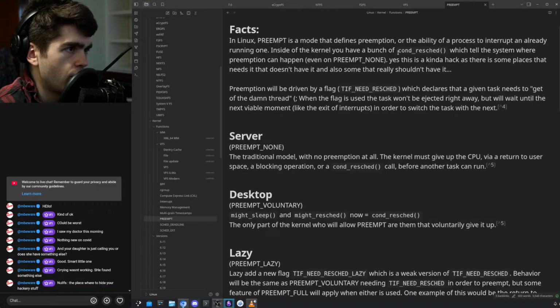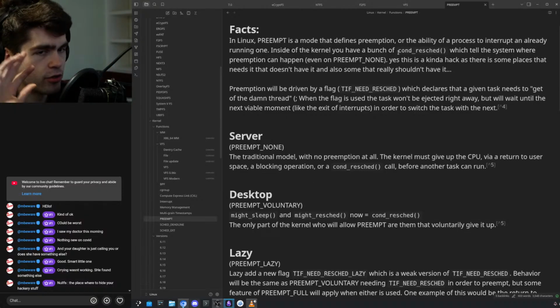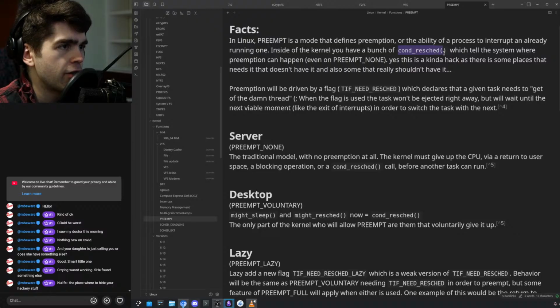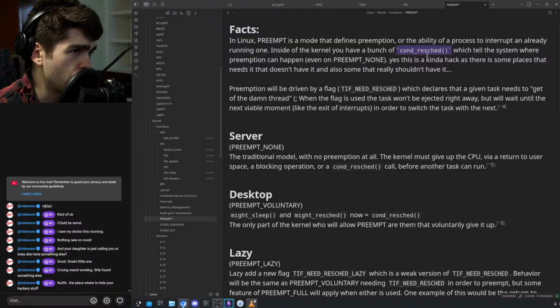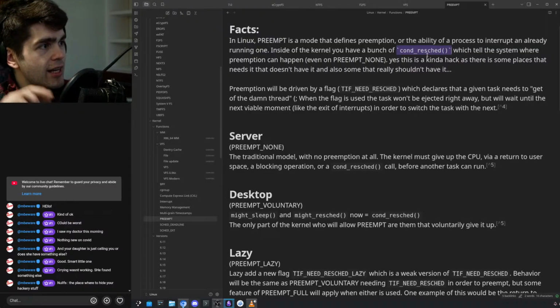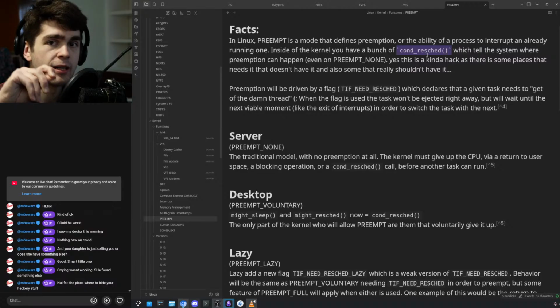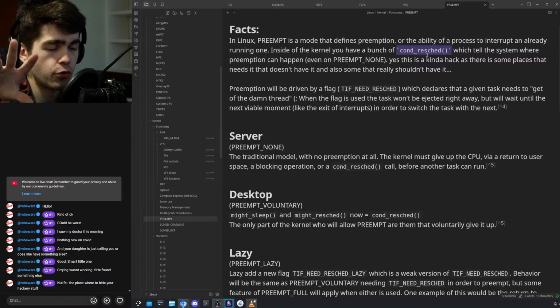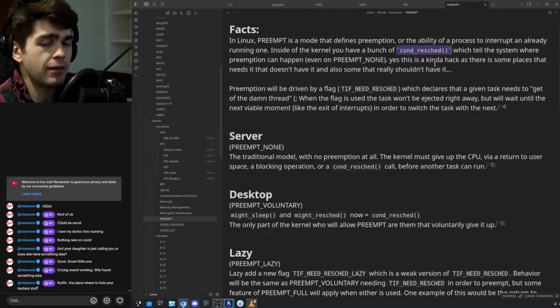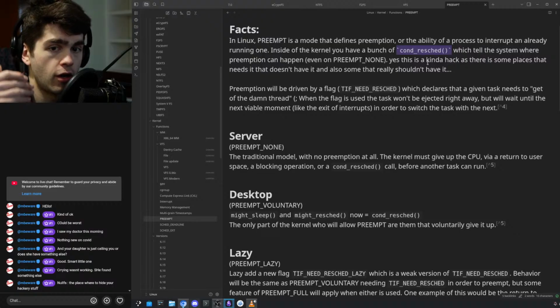When I say release all management, I'm talking specifically about cond_resched. cond_resched is a specific call that is sprinkled through the kernel in places where we know that there's a long hold.